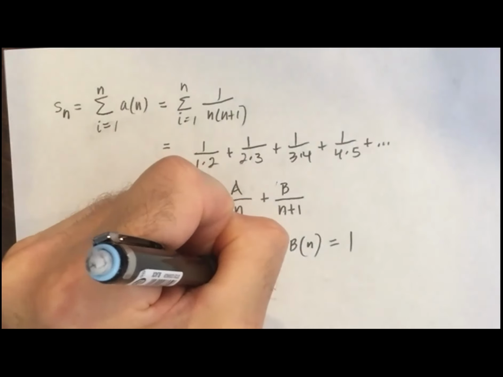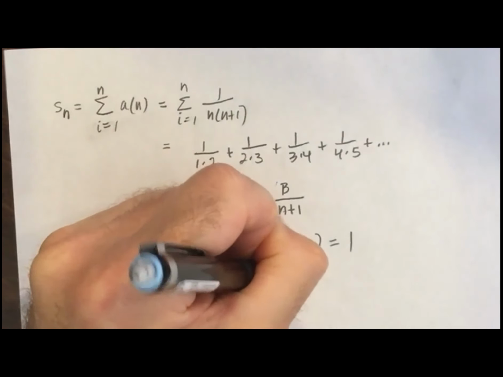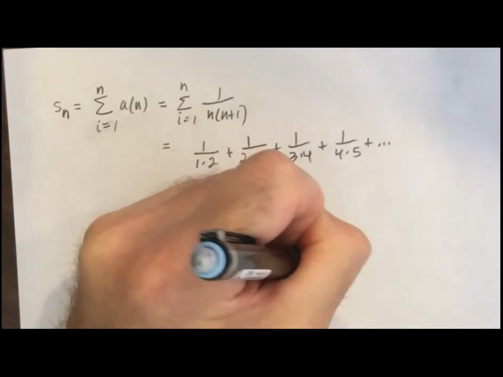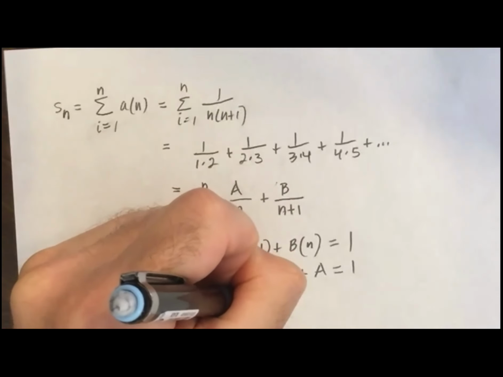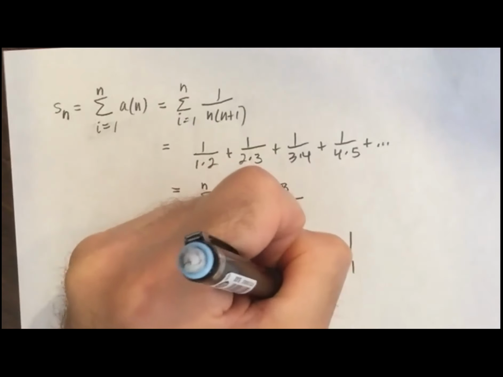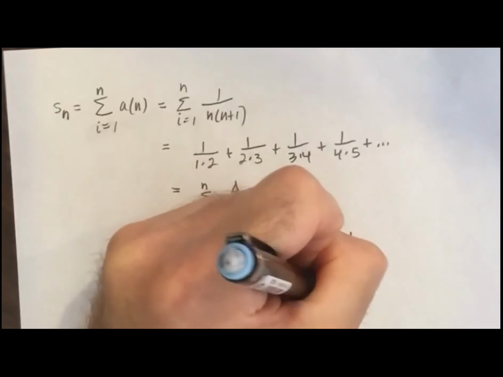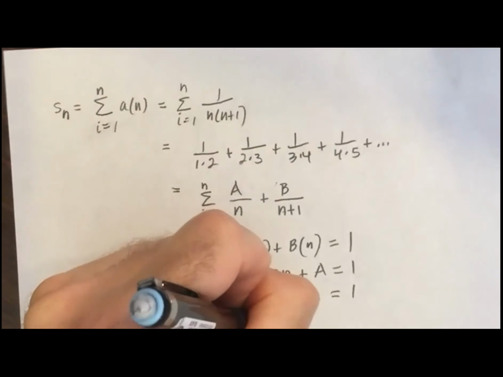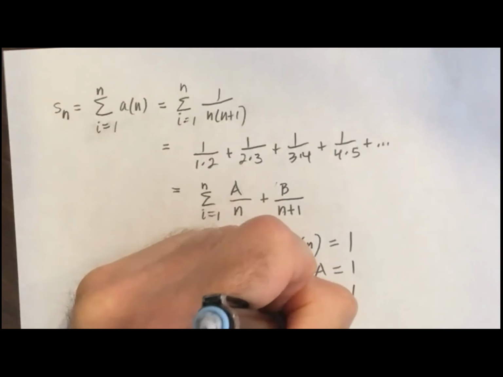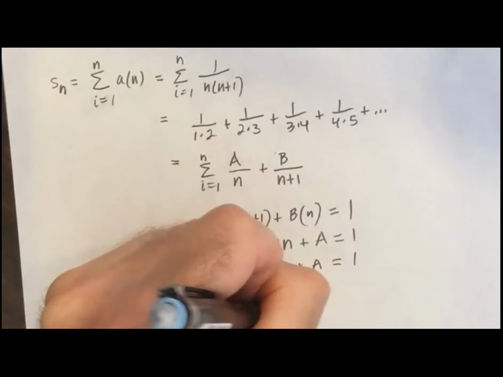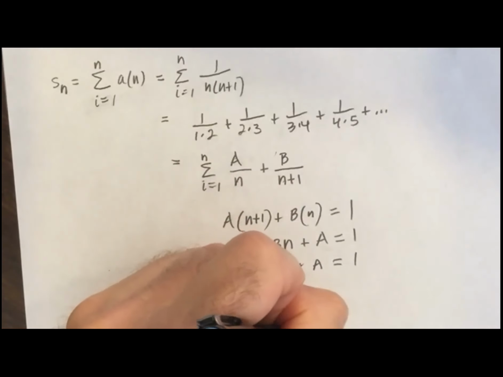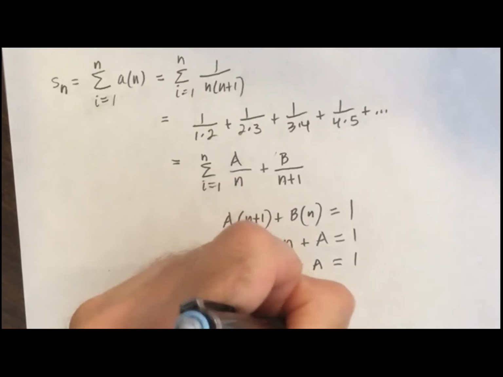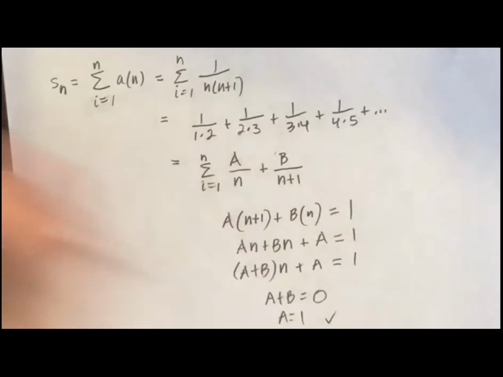That's An plus Bn, plus A has to be 1. So A plus B, times n, plus A has to be 1. So I'm thinking A plus B would have to be 0 since there aren't any n's over there. A would have to be 1, which means since A is 1, plug that in here. B would have to be minus 1. So A is 1 and B is minus 1. That's what I'm thinking.